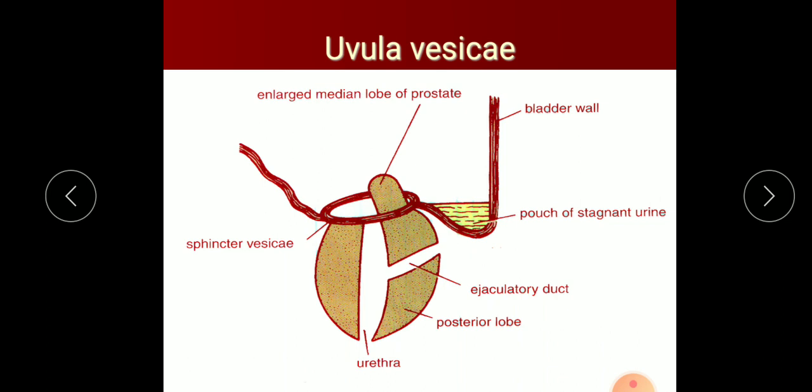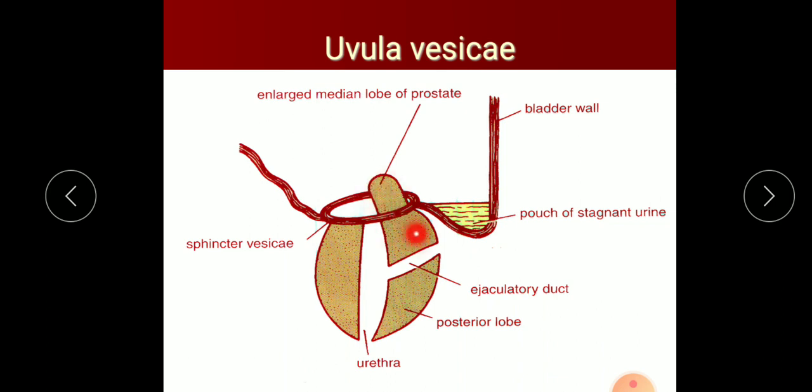One more thing in the case of males that you should remember is the term uvula vesicae. This is at the apex of the trigone, the internal urethral orifice, which is very closely related to the prostate. One lobe of the prostate is the median lobe.